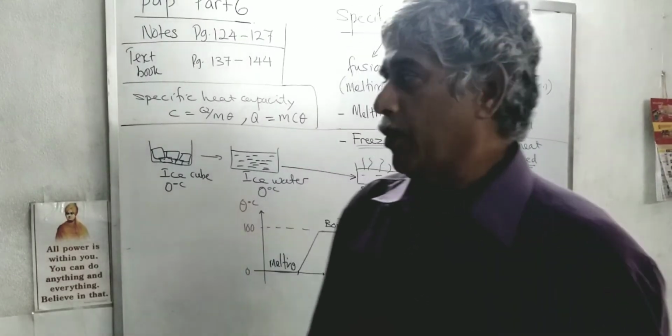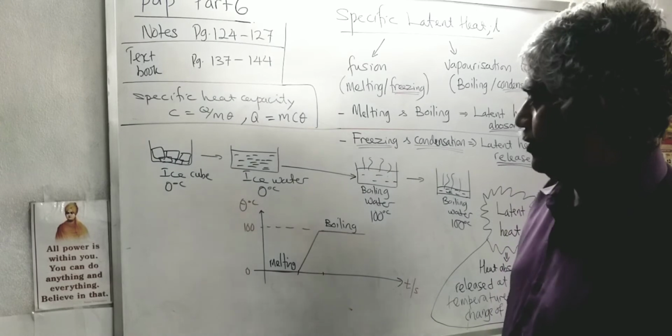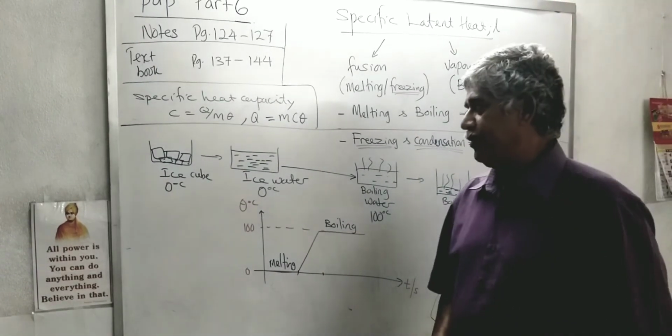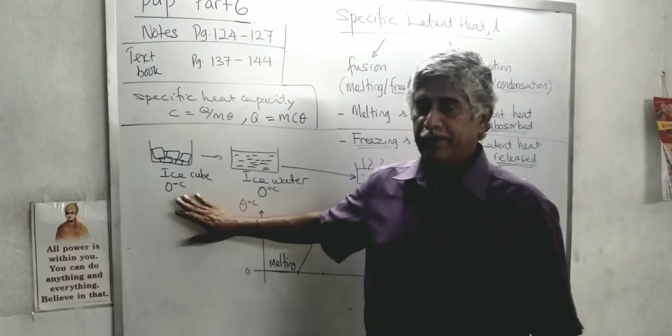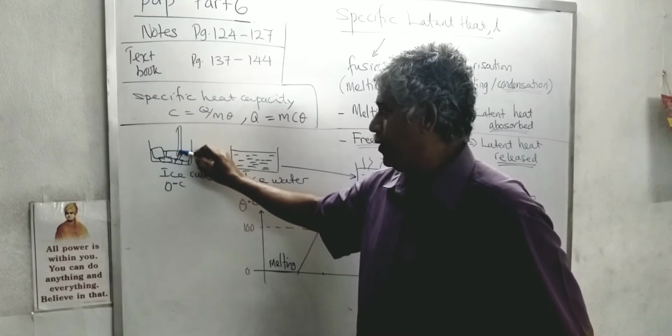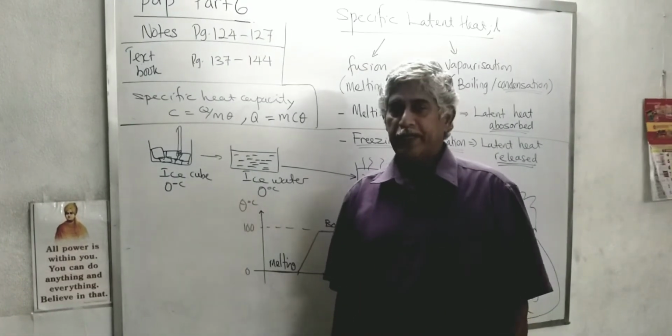To understand the concept of latent heat, let's say you take an ice cube and start to heat it up, with a thermometer in the ice cube measuring the temperature. Of course, the ice cube is at 0 degrees Celsius.